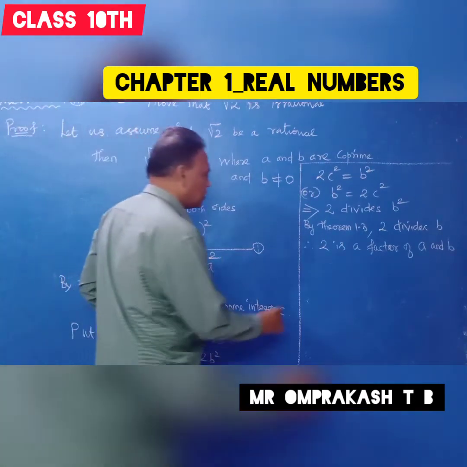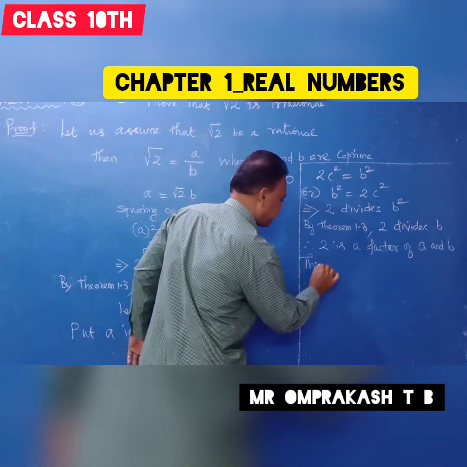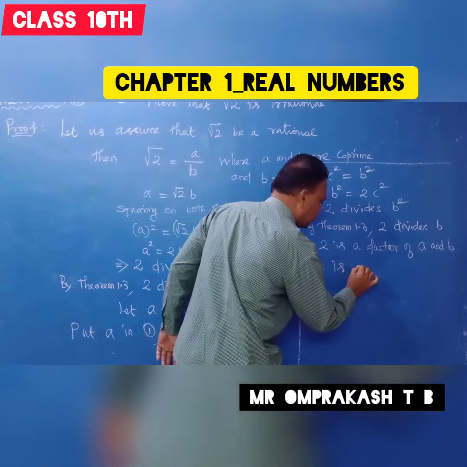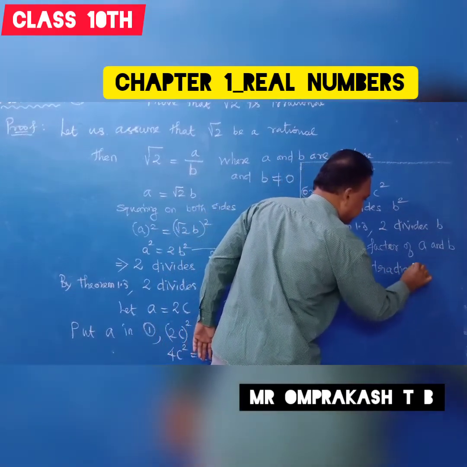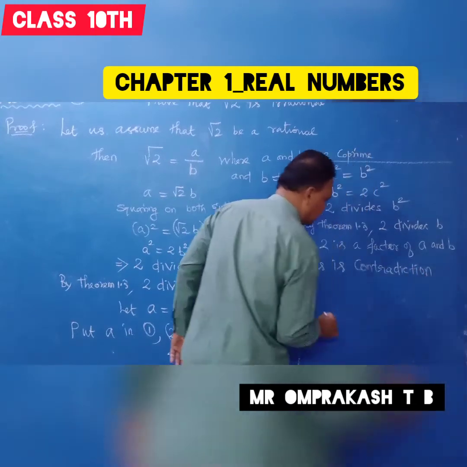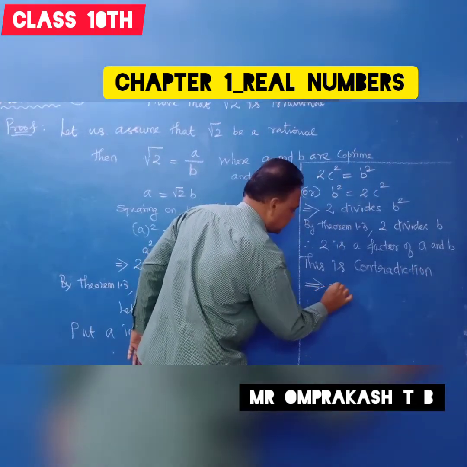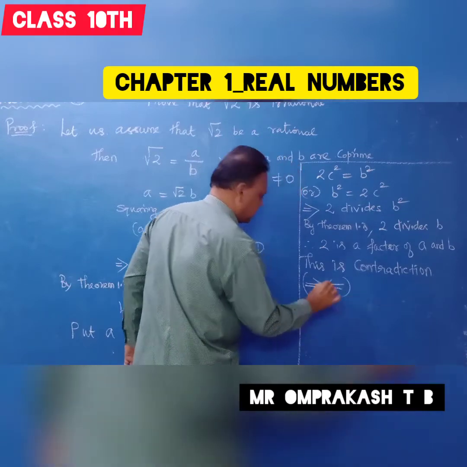Clear? So this is a contradiction. This is the contradiction symbol. Clear?